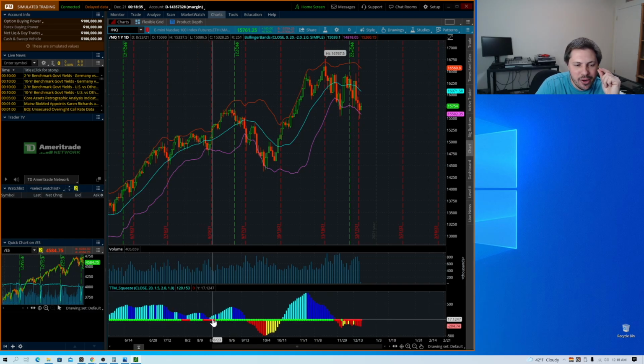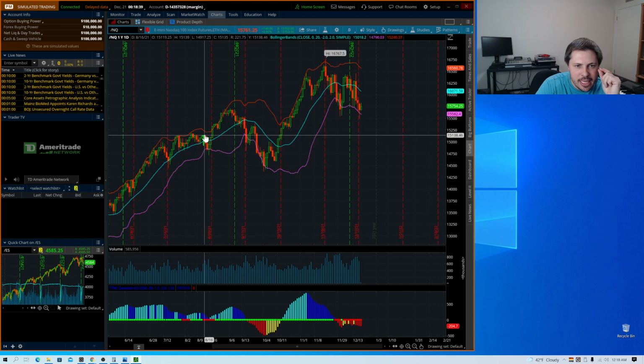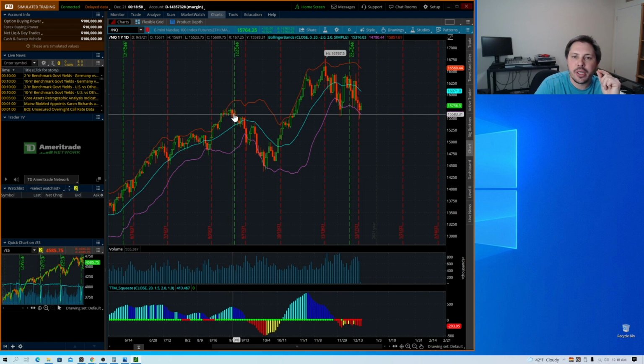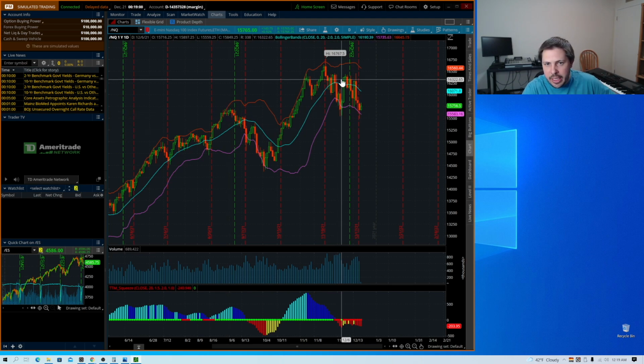And down here in this TTM squeeze, you could see that as these outer bands contract, we also get this squeeze indicator that's coiling up here. And then we can see that the asset traded below this lower band, and then again this fired and this large move happened, right?